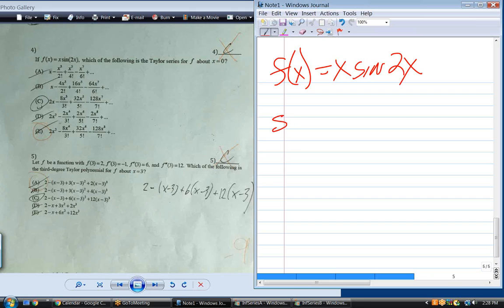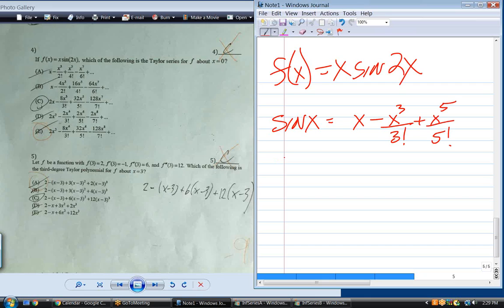What is the series for that? x minus x cubed over 3 factorial plus x to the 5th over 5 factorial, and so on. Stop there.